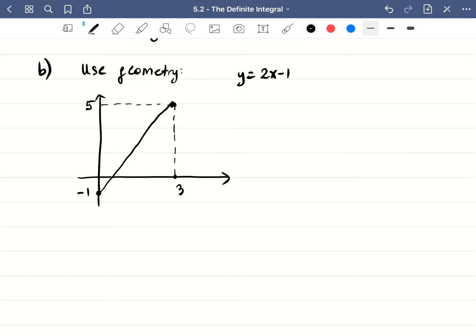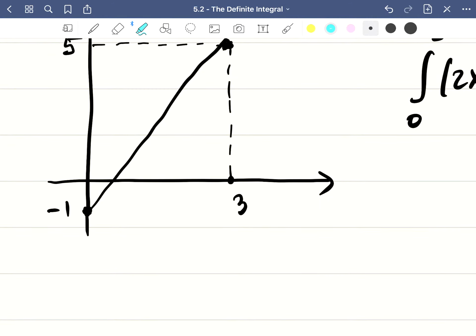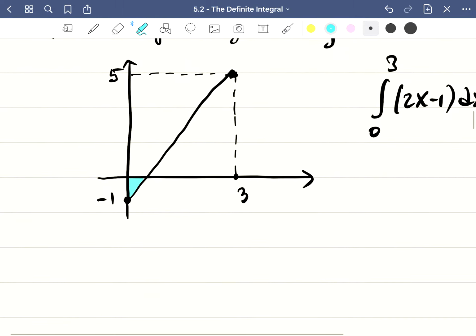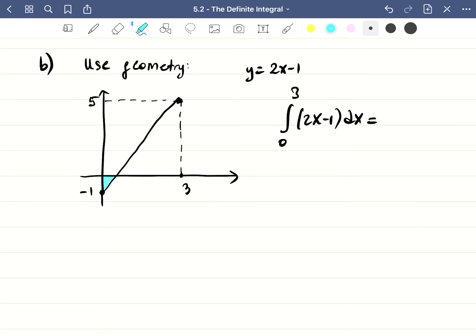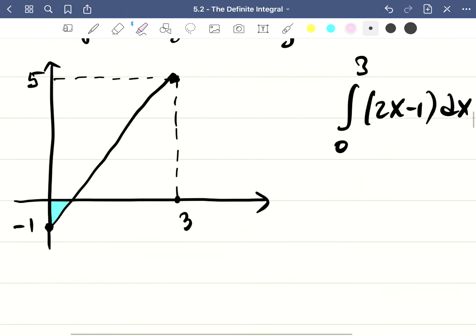So the area that we're talking about, which is the integral from 0 to 3 of 2x minus 1 dx is equal to, and I have to be careful here, this blue area, plus this pink area.